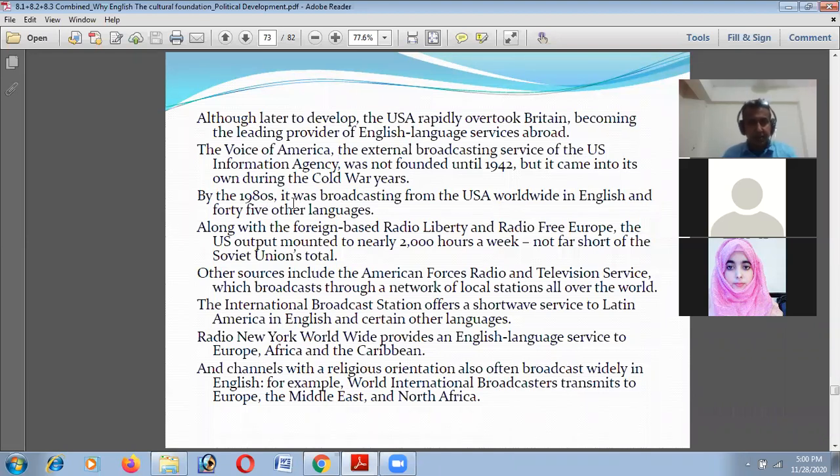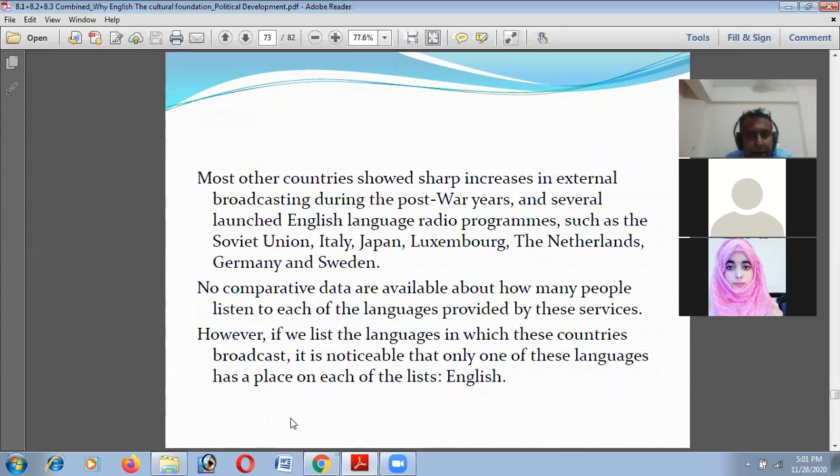So this is the scenario of radio regarding the English language. Another radio, the American Forces Radio and Television Service, international broadcast station, offers a shortwave service in Latin America in English. So these are examples of radio stations in the USA and UK.